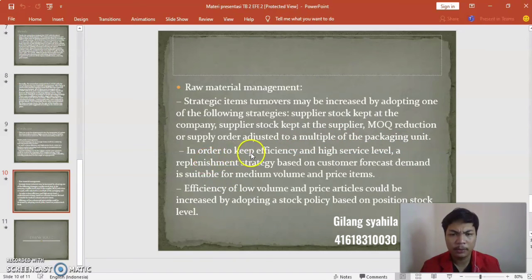In order to keep efficiency and high service level, a replenishment strategy based on customer true cost demand is suitable for medium volume and price items. Efficiency of low volume and price items can be increased by adopting a stock policy based on positive stock level.